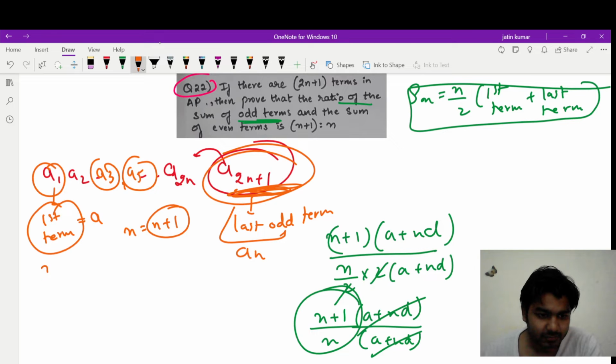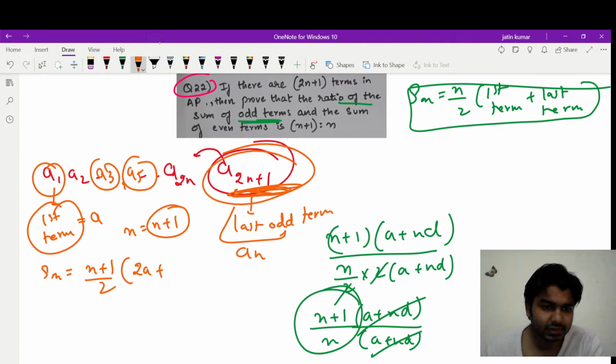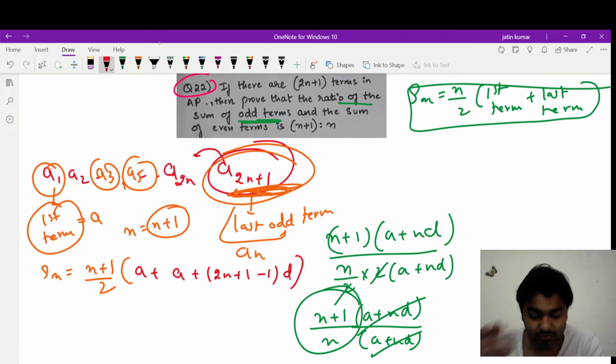So I have applied this formula: (n+1)/2 into 2 into first term plus last term, so first term is a plus last term will be a plus (2n+1-1) into d. I hope now the picture clears here, right?